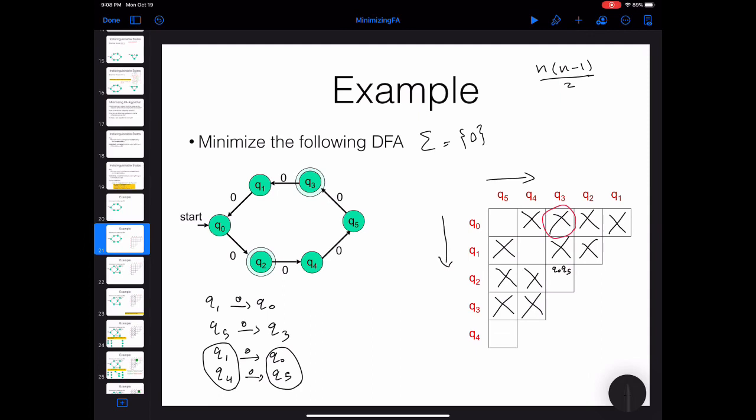So if I'm going to do the same thing here, I have to go back and write the dependency of Q1 and Q4 in the same cell here, Q1, Q4.